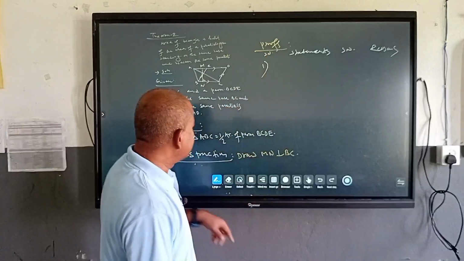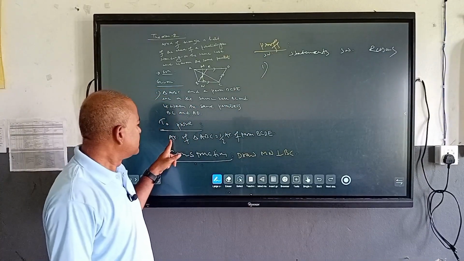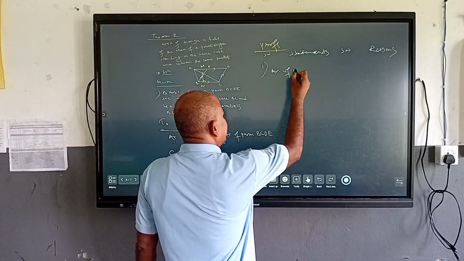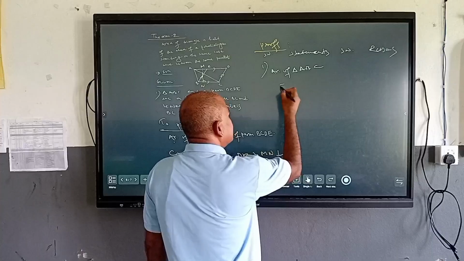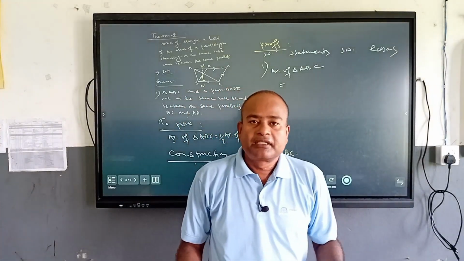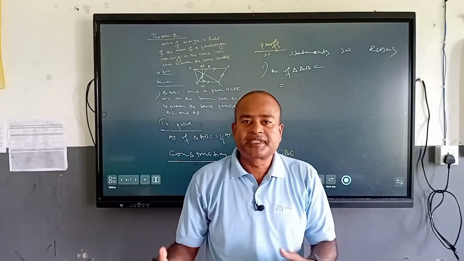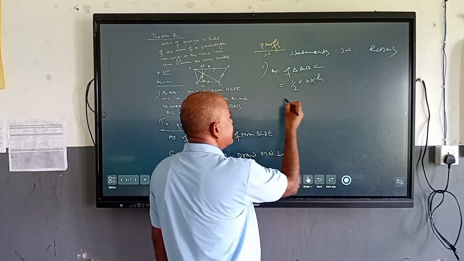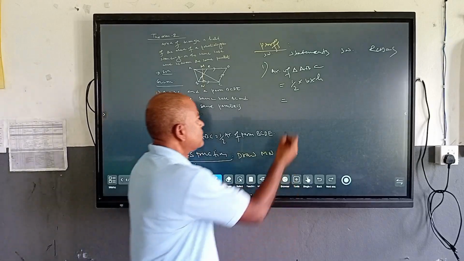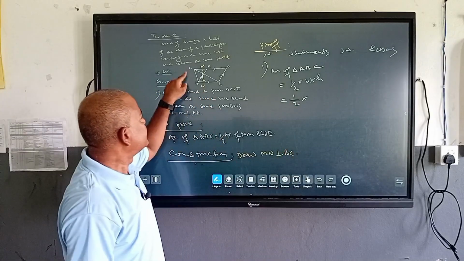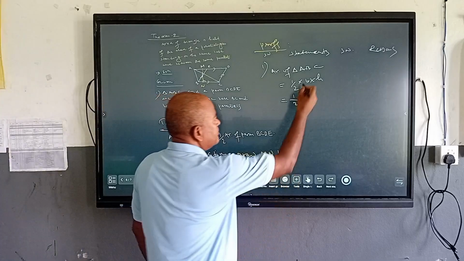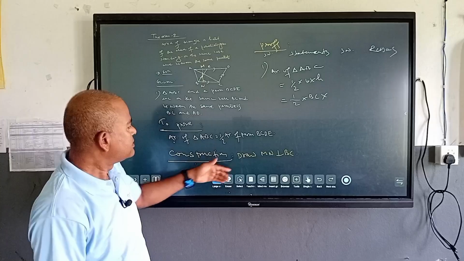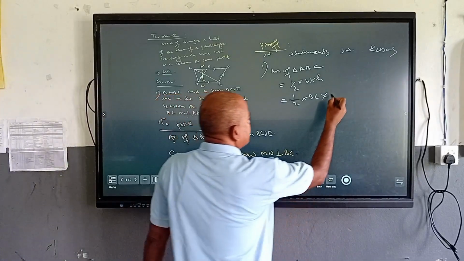In statement number 1, we are going to find out the area of triangle ABC. Dear students, we know that the area of a triangle is half times base into height, half times B into H. The base of triangle ABC is BC, and height is MN, which we have taken in the construction.